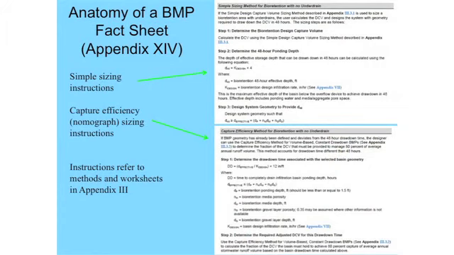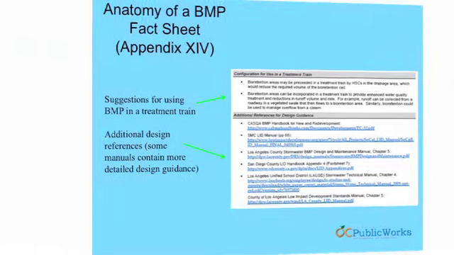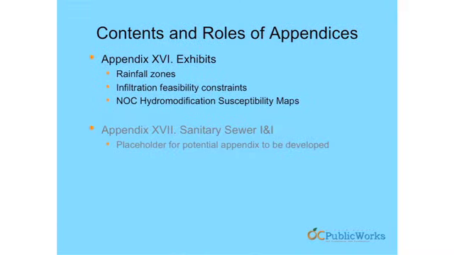These also provide sizing criteria and sizing methods specific to the BMP, and some references to more detailed design manuals. And then finally, Appendix 17 or 16 gets into appendices or exhibits that are useful for doing feasibility screening, identifying your rainfall zone, et cetera.